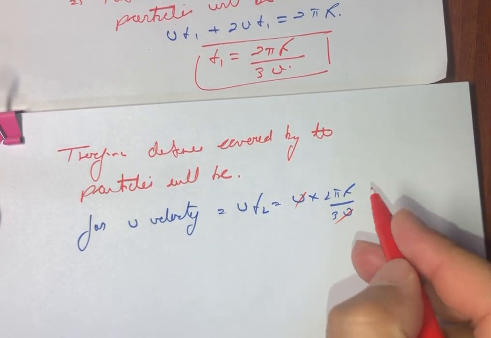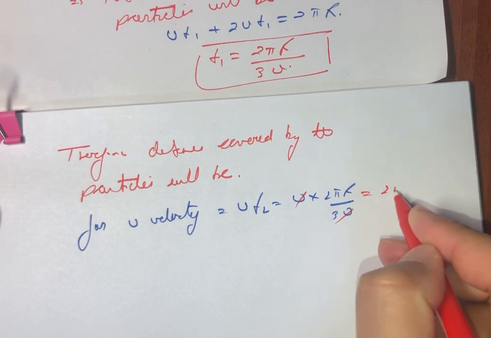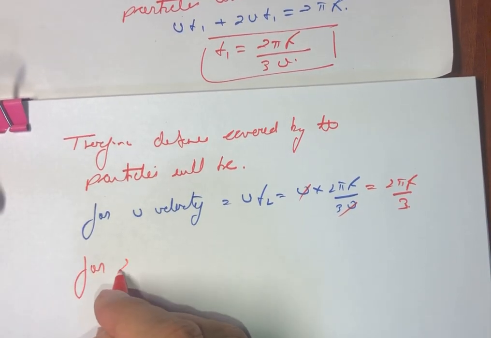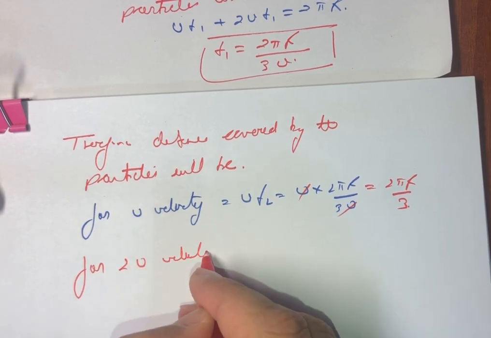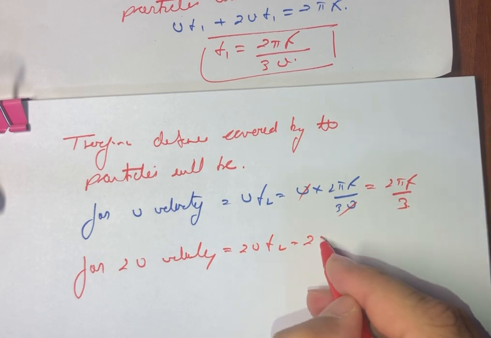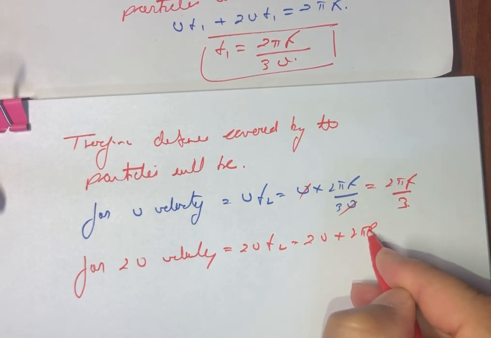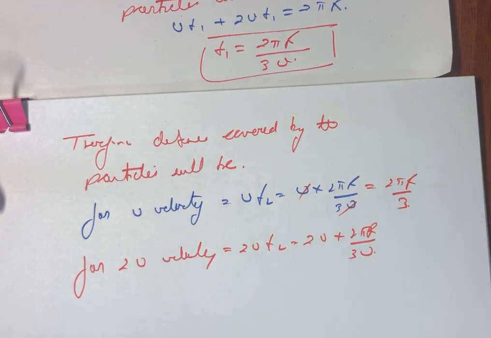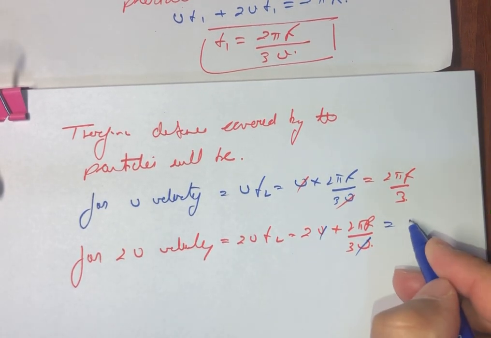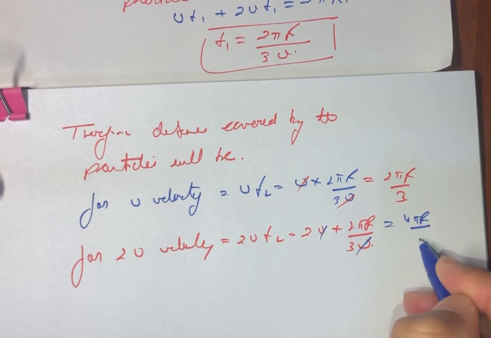V and v cancel out, this will be equal to 2 pi r upon 3, and for 2v velocity this will be equal to 2vt2, which will be equal to 2v times 2 pi r upon 3v. V and v cancel out, so we get this as 4 pi r by 3.